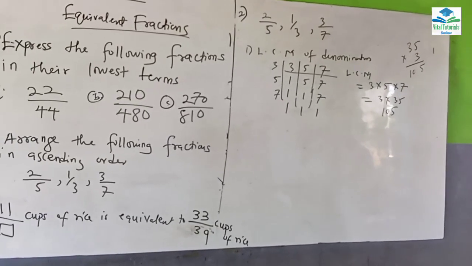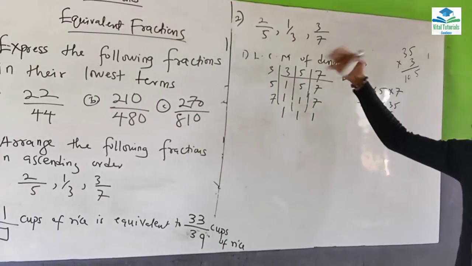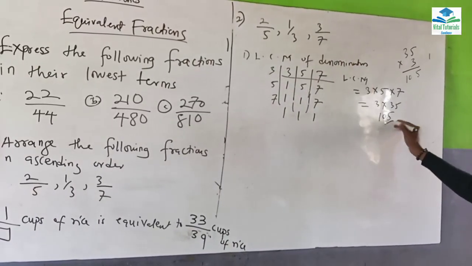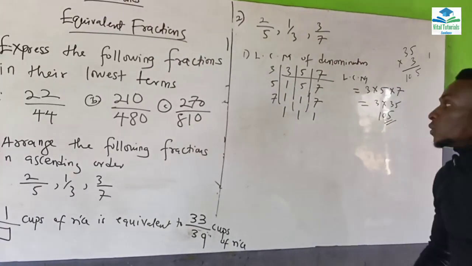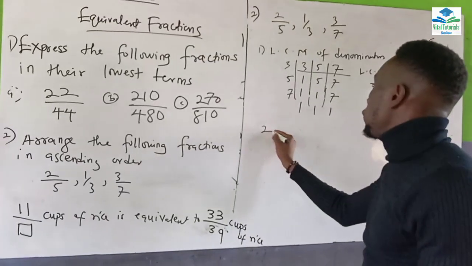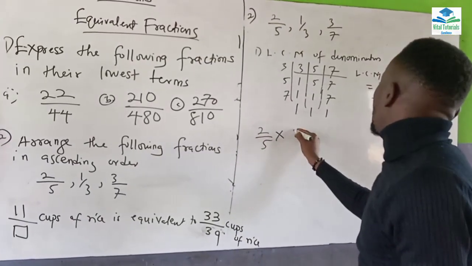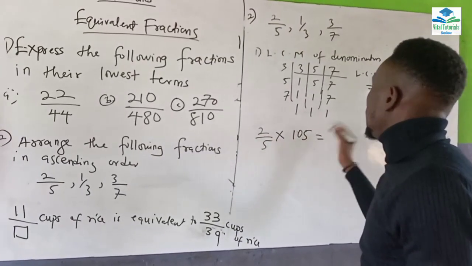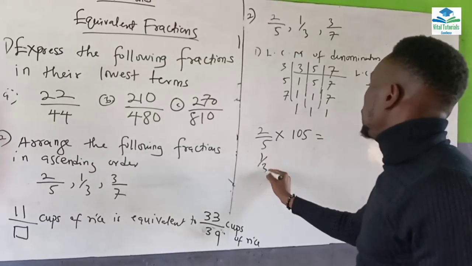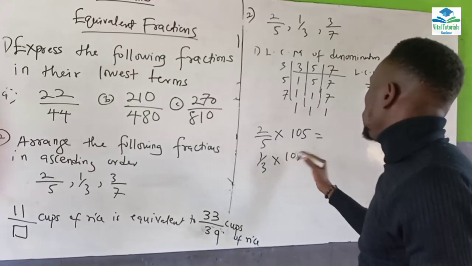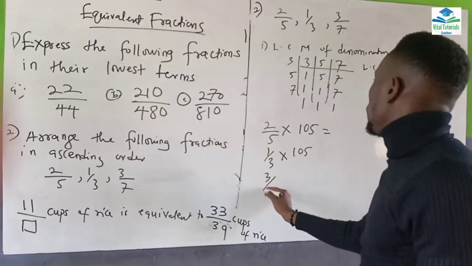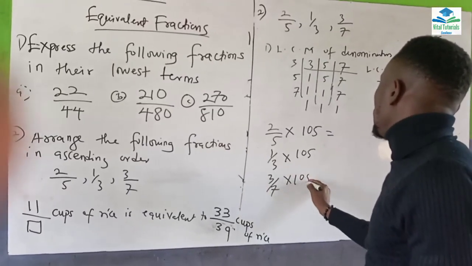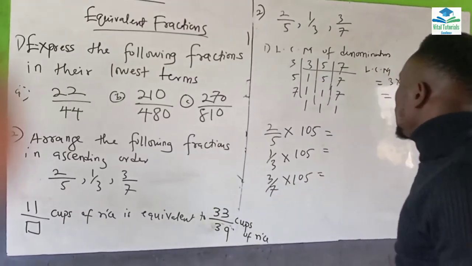Now, since we have found the LCM, how do we know which fraction is the smallest and which one is the biggest? We'll be using this LCM to multiply all the fractions. For the first one, 2 over 5 times 105, you get the answer. 1 over 3 times 105, you get the answer. Then 3 over 7 times 105, you also get the answer.